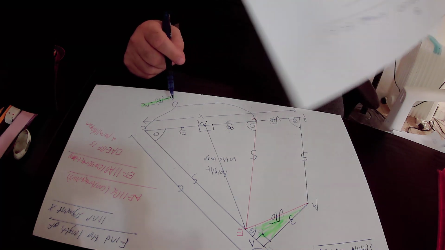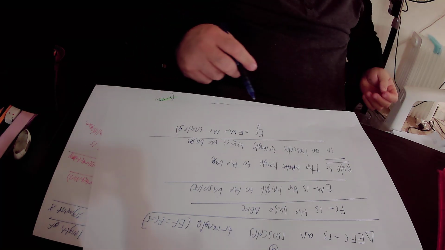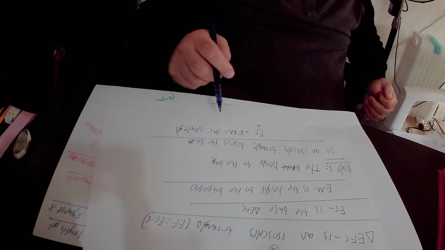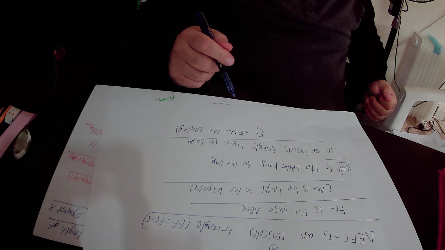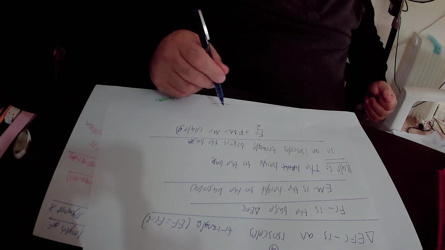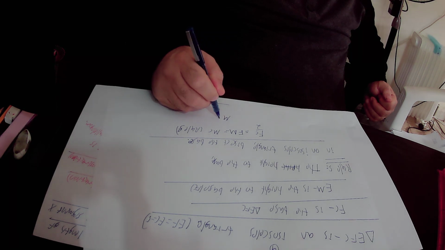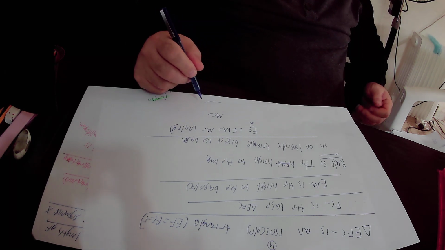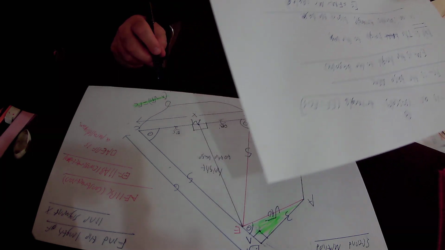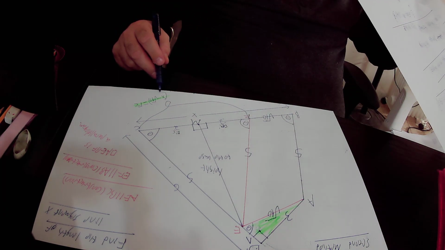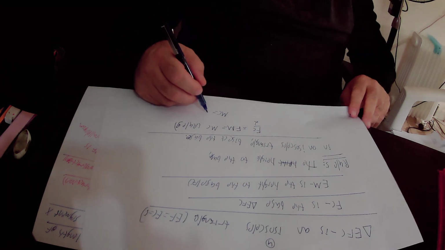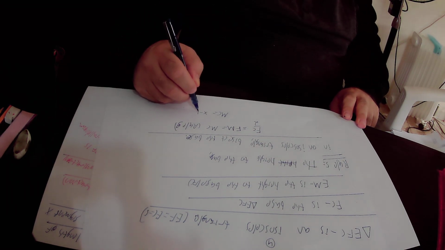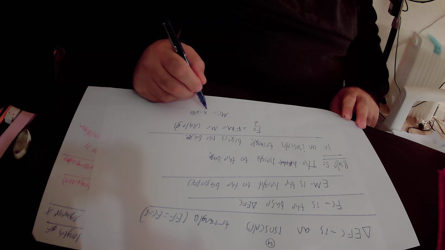Okay, so in conclusion, we found out that FC over 2 equals FM equals MC according to rule number 5. So according to rule number 5, MC equals FC over 2. FC equals x minus square root of 10, and if we divide it by 2, we'll get the value of MC.